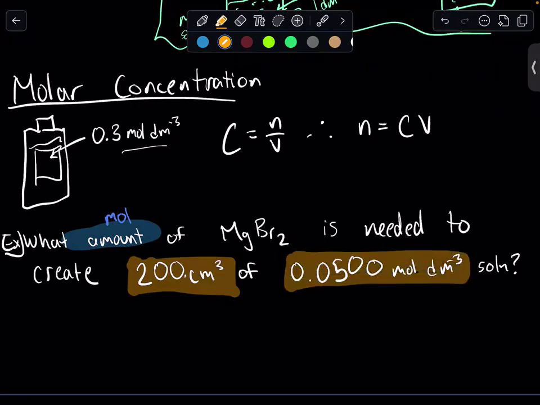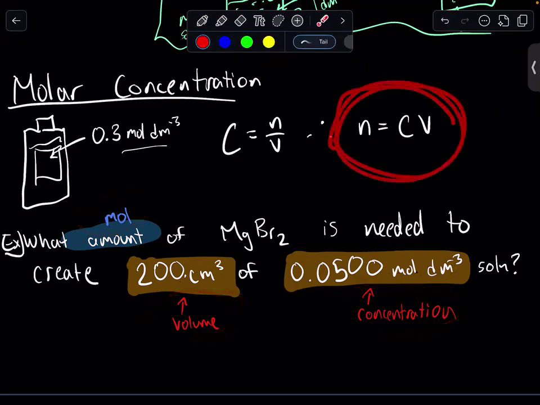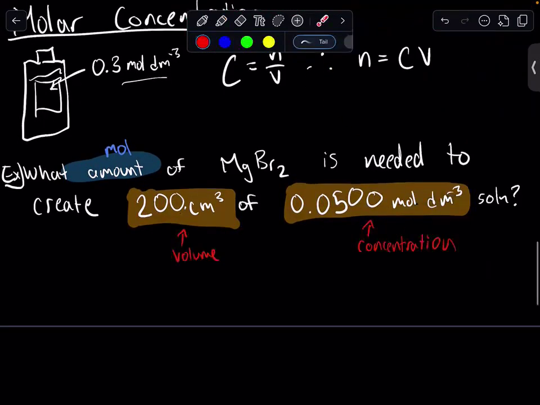When I look at these, I identify this as a volume and this as a concentration. So knowing that I want moles and I have a volume and a concentration, I'm going to use this formula up here. Moles equals concentration times volume. So n equals cV.